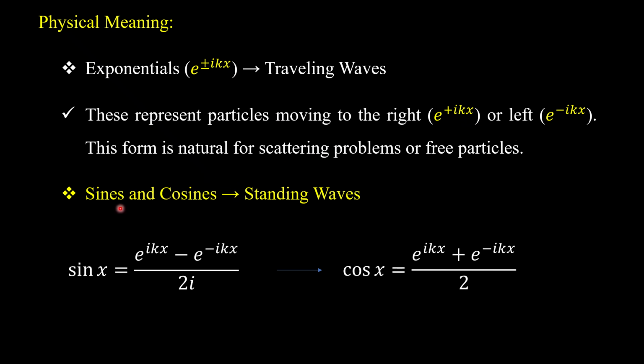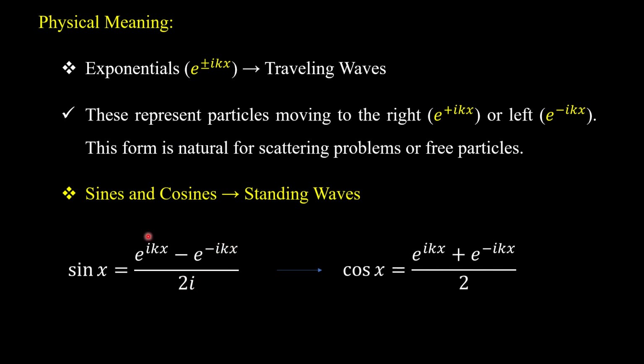Then sines and cosines are standing waves. This arises when we impose boundary conditions like the infinite square well, where the wave function must vanish at the walls. So the standing waves are superpositions of two traveling waves moving in opposite directions. This is a very important result. You can write sin kx as (e^(ikx) minus e^(-ikx)) over 2i.